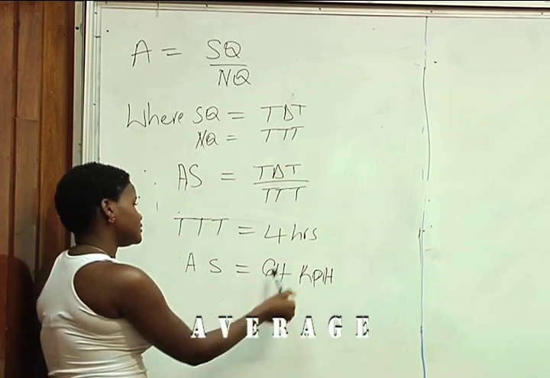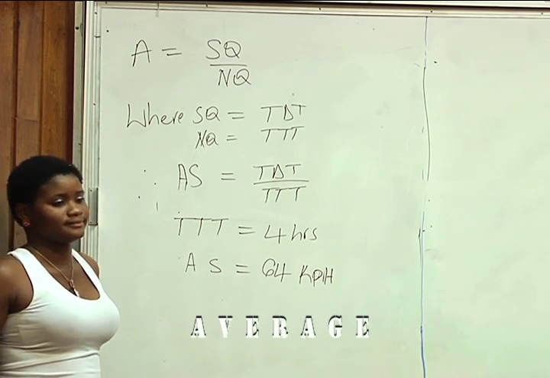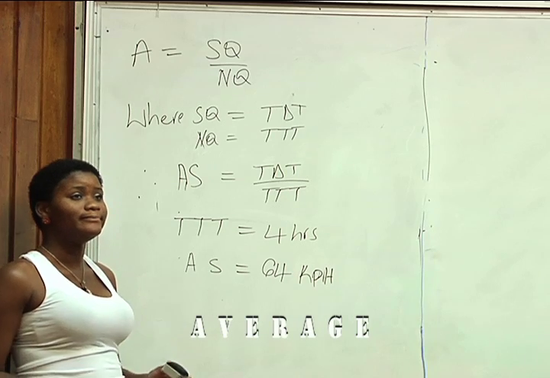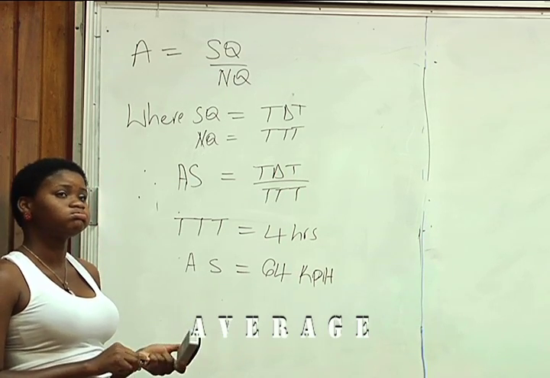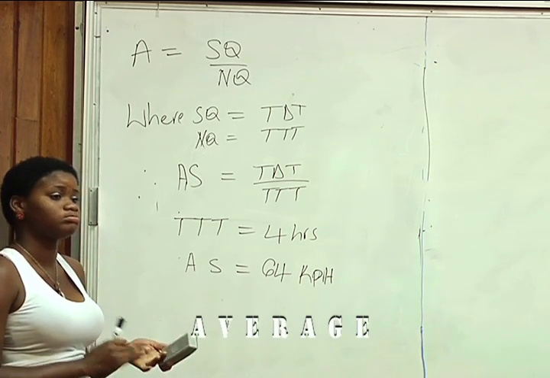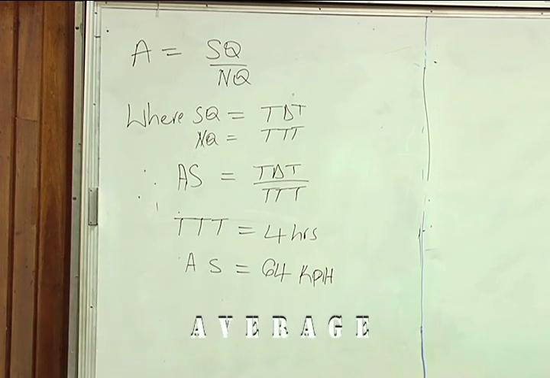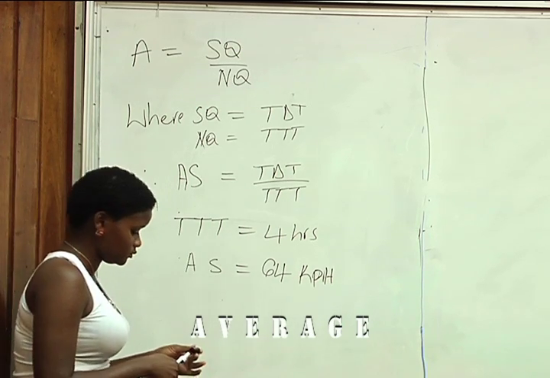It tells us that for the first 2 hours, the average speed is 50 kilometers per hour. So if you travel for 2 hours at 50 kilometers per hour, how much distance have you traveled? 2 times 50.